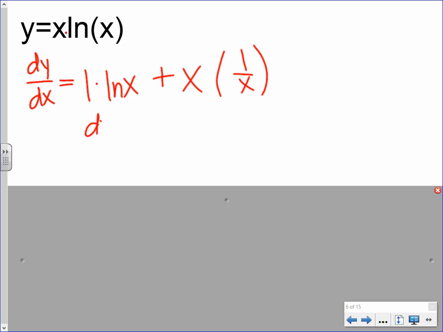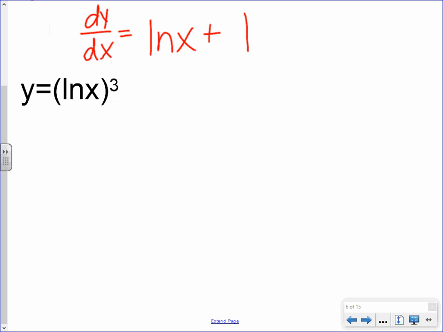So our derivative is natural log of x plus 1. Another combination of rules.